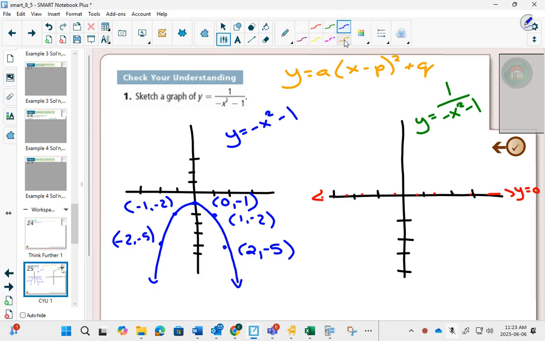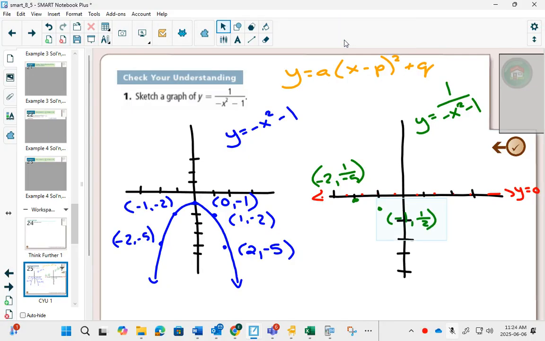Now we can take the points that we have. What is going to happen to negative 2, negative 5? It's going to go to, I want to go to green, negative 2 comma 1 over negative 5. What's going to happen to negative 1, negative 2? It's going to be negative 1, 1 over 2. Maybe I'll label that over here.